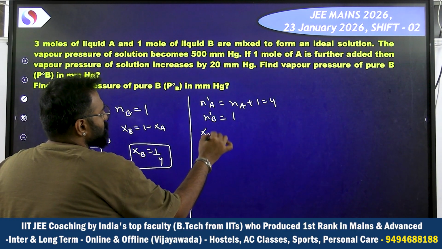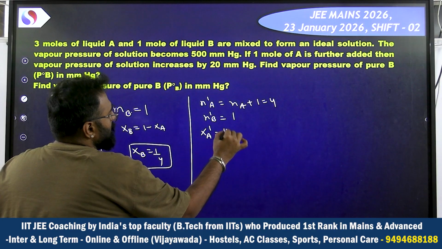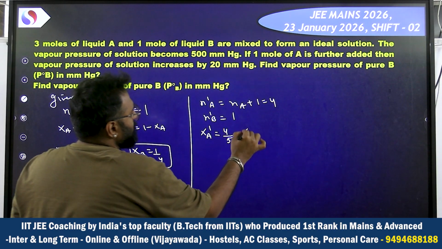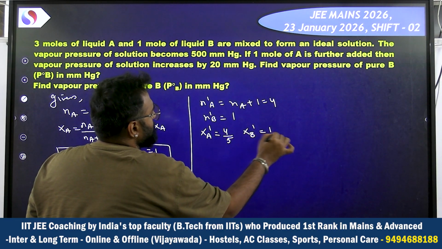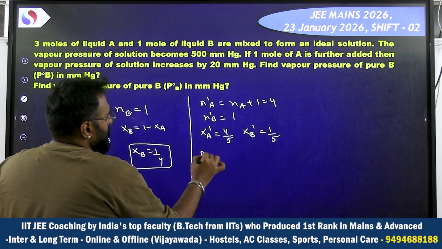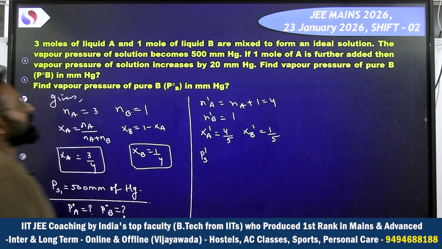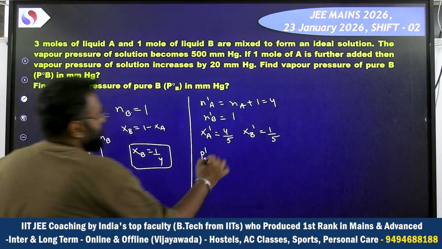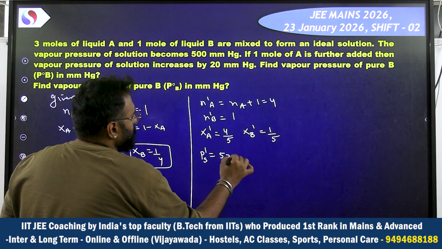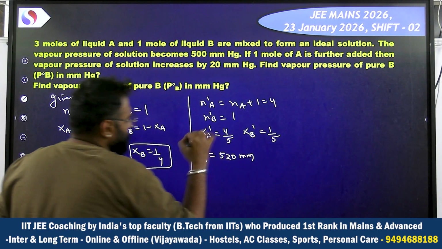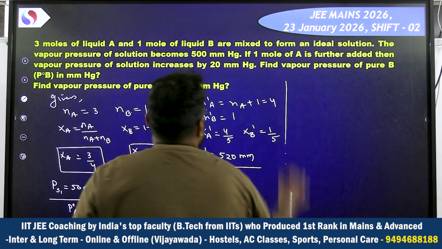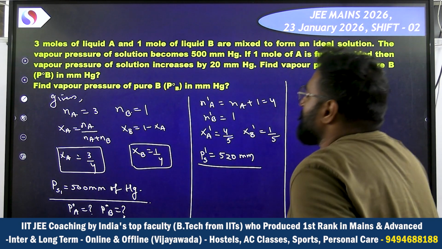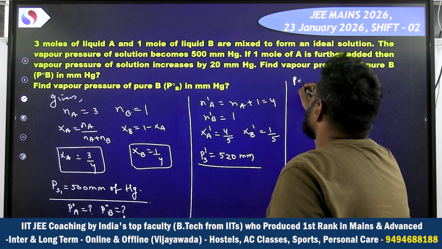So X dash A becomes 4 by 5, X dash B becomes 1 by 5. And P dash, the vapor pressure of the solution, is increased by 20 mm, so initially 500 plus 20 mm. Correct? Now using these two data, what is our equation?